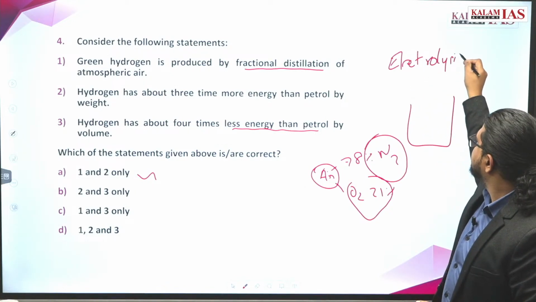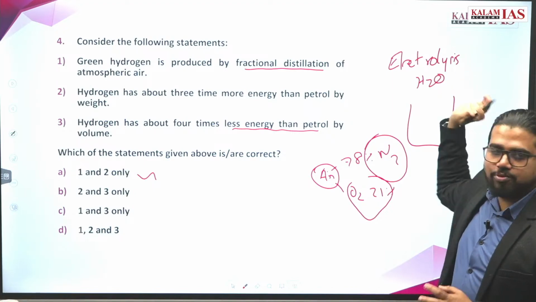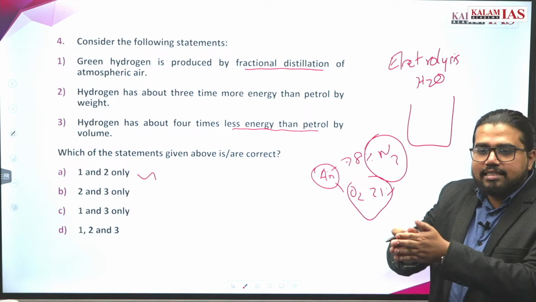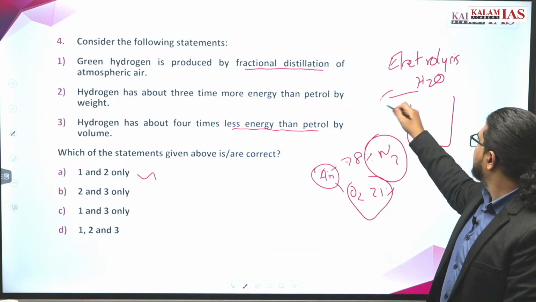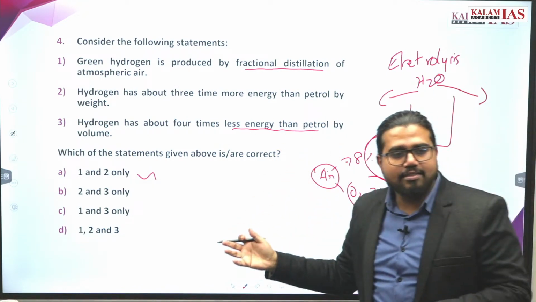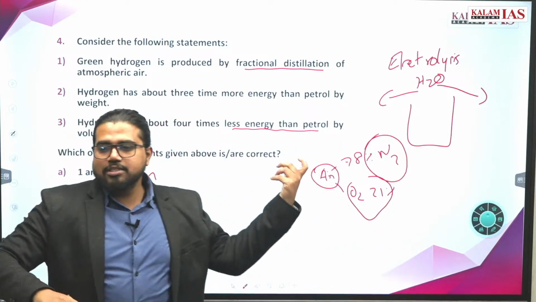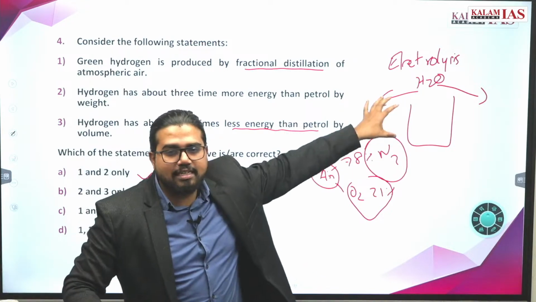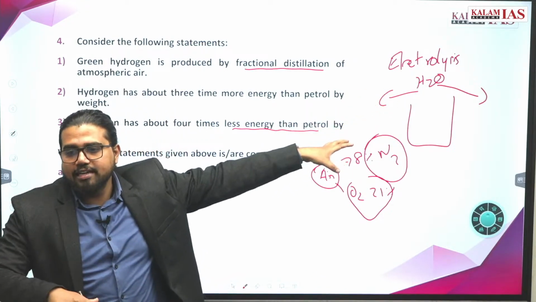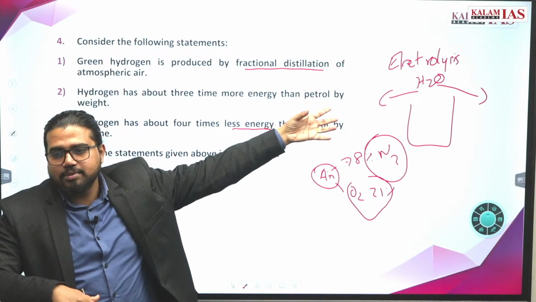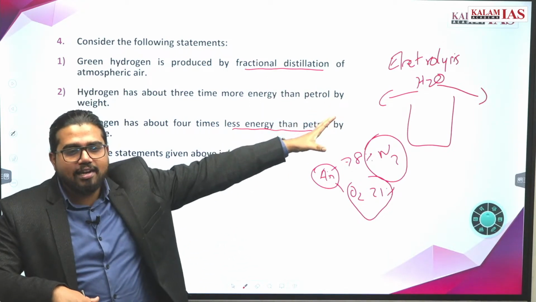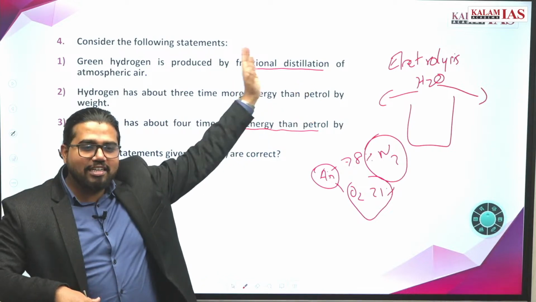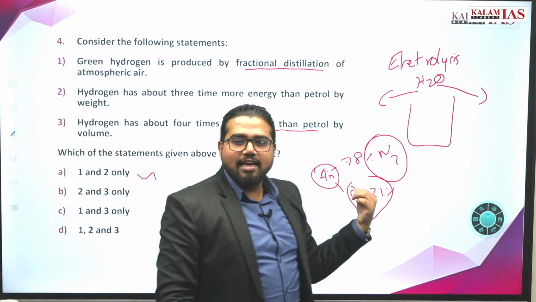What is electrolysis? We have so much water, plenty of it. We take that water, give electricity and split it. Hydrogen comes out, oxygen comes out, and we collect them. So electrolysis is the process through which hydrogen is made. Fractional distillation works for other gases abundantly available in the air, but for hydrogen it is not feasible. So if you have this much conceptual clarity, statement 1 cannot be right. Statement 1 is wrong, and from the options you will get the answer.